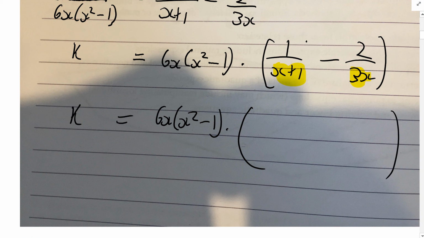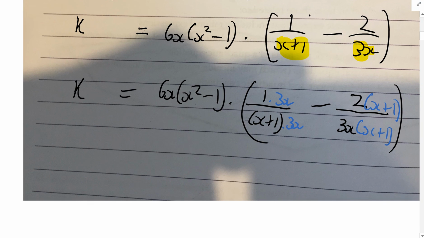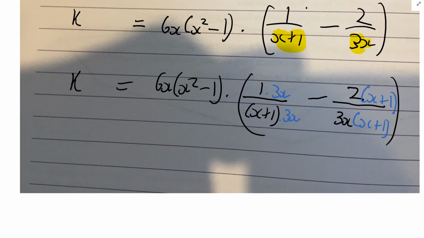And this time I want to multiply, so the first fraction, the top and the bottom are going to be multiplied by 3x. And the second fraction, the top and the bottom are going to be multiplied by x plus 1. So cross multiply, some people call it. Okay, what does that look like when we simplify it?